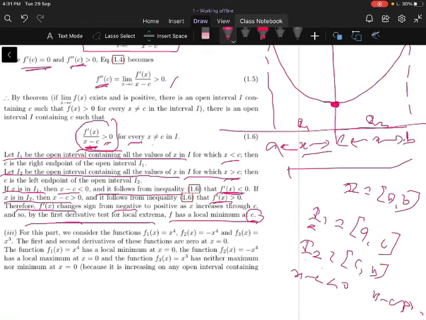So therefore, this point is a local minimum value for the curve y equals f of x. How? Here f dash of x is negative for the interval [a, c]. At this point f dash is 0, and for the interval [c, b], f dash of x is positive.